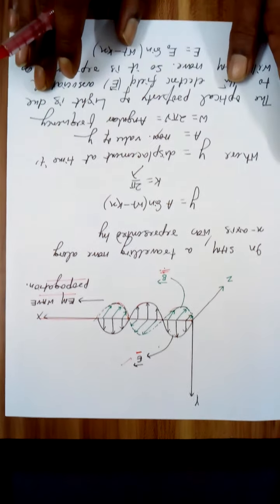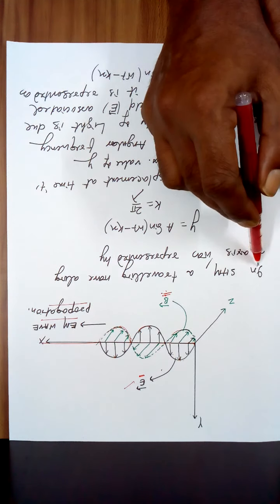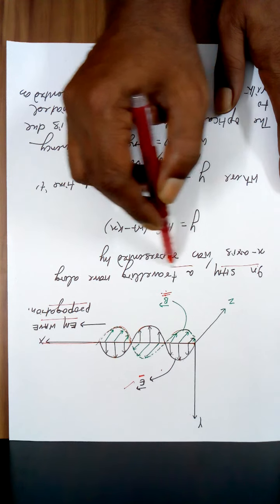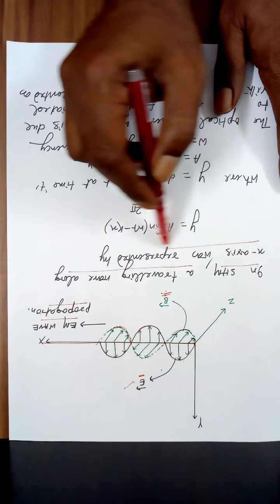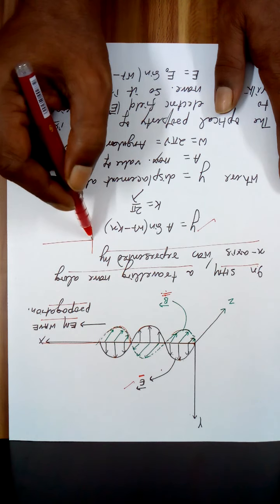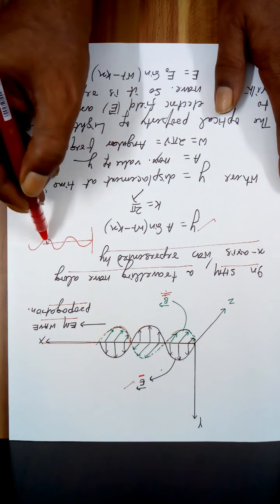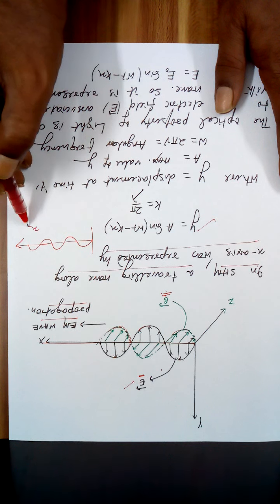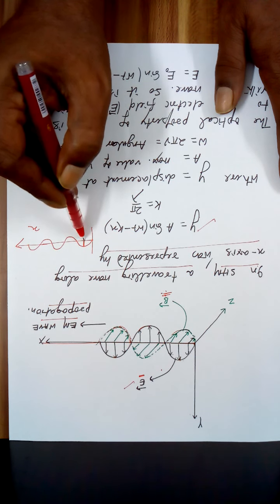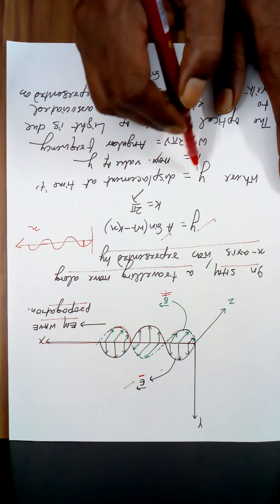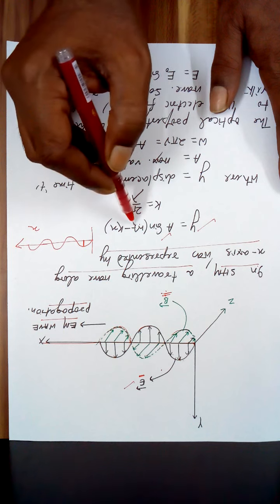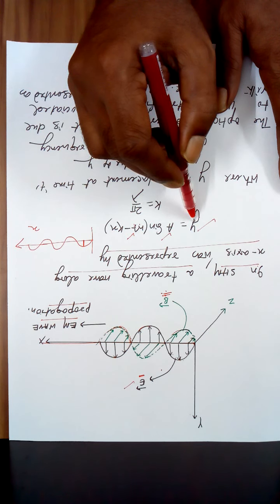Okay, in simple harmonic motion, in your previous year classes, a traveling wave along the x-axis was represented by this equation. A disturbance traveling like this towards the positive x-axis was represented by this, where A is the amplitude of the wave, omega is angular frequency, t is time. At this time t, y was the displacement.